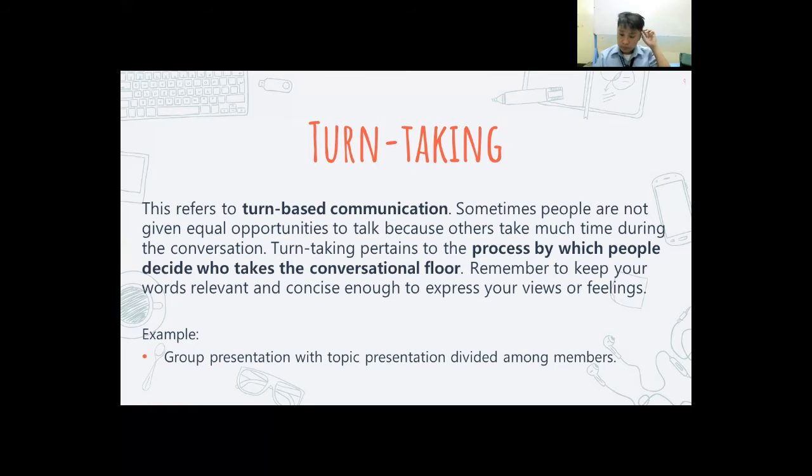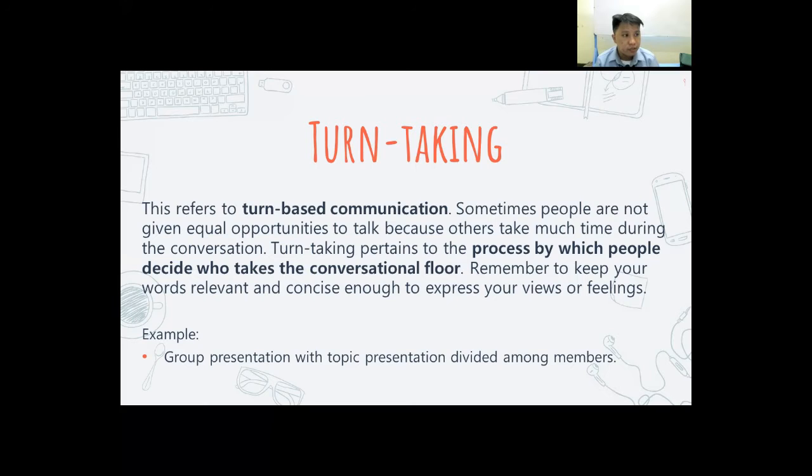So for example, a group presentation with the topic divided among members. In there, you are given a turn, an order in which you will have to speak. If you are given the third topic within your group presentation, then you will be the third one to speak, and no one will be able to speak over you. It's because it is your turn, and it is applicable to your group mates as well.